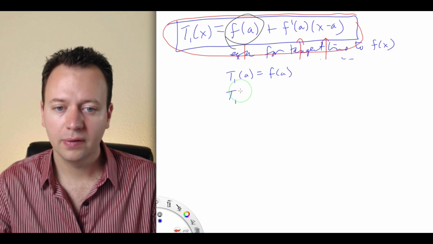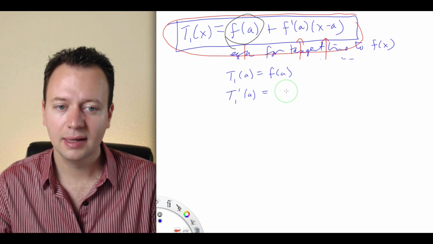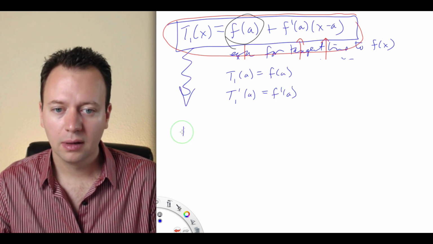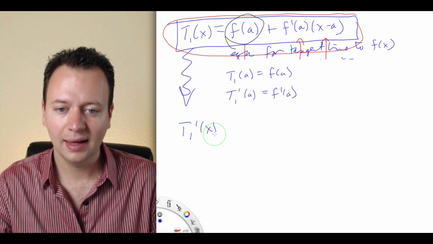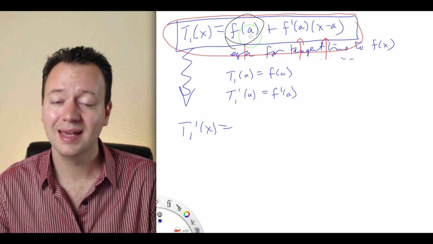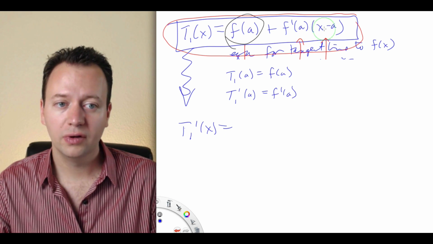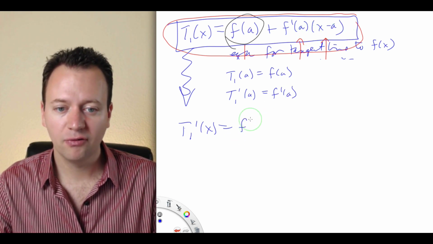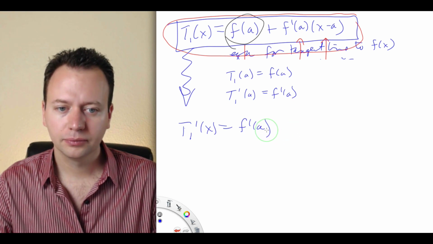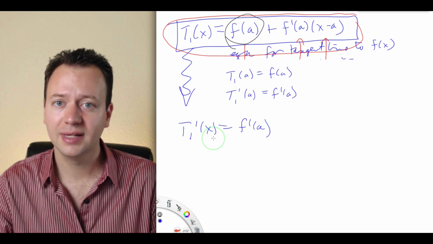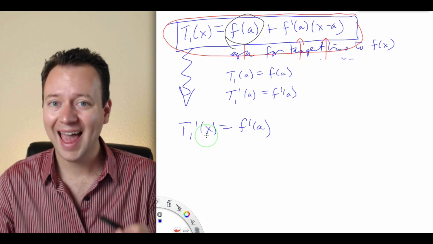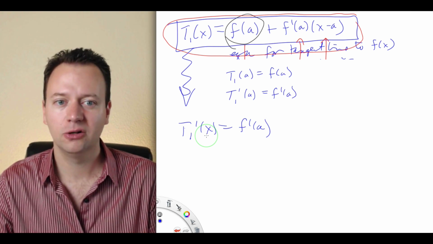But also, T1 prime of a is equal to f prime of a. We can see this because the derivative T1 prime of x, well, the derivative of f of a is 0. Derivative of x minus a is 1. So we just get f prime of a. So the derivative of the tangent line is a constant. It's just equal to the derivative of the function at that single point x is equal to a.